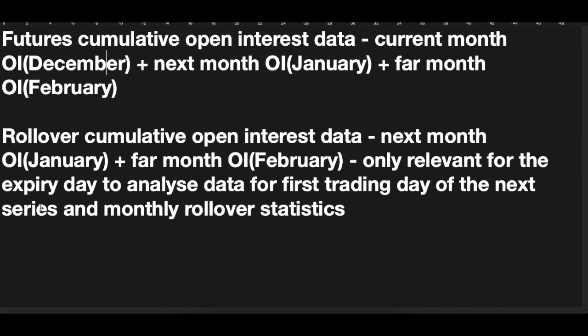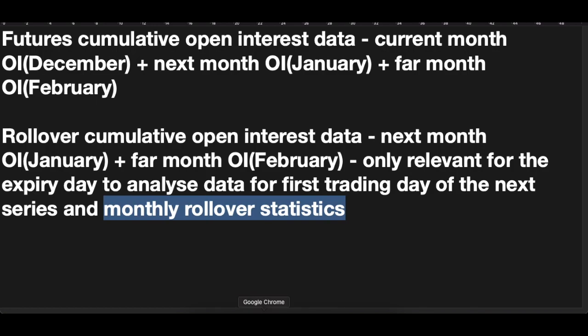Now coming to the rollover cumulative open interest data, it is calculated by summing up the next month OI, that is January, suppose we are in the December expiry series, and the far month OI, and this is only relevant for the expiry day. So this number is only relevant and to be watched on the expiry day in order to analyze the first trading day of the next series and the monthly rollover statistics data.